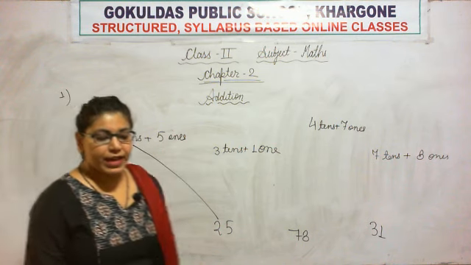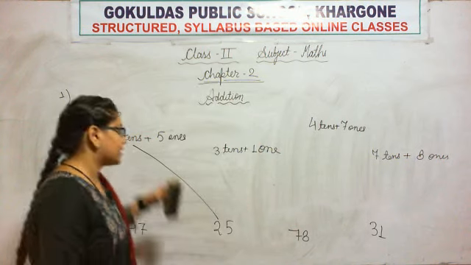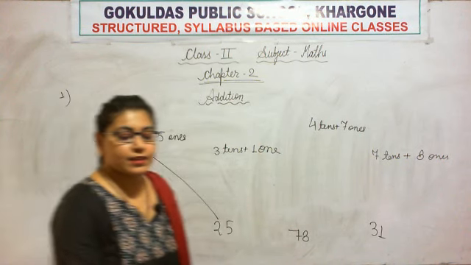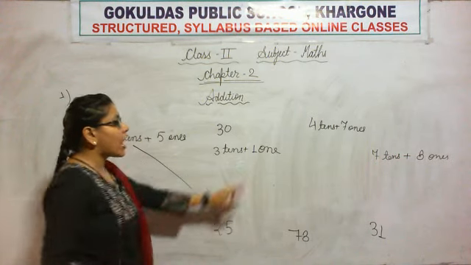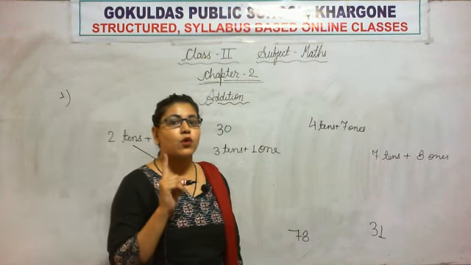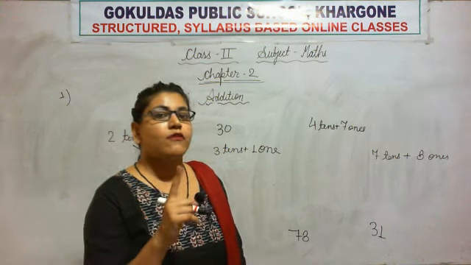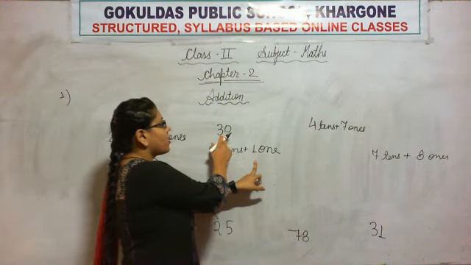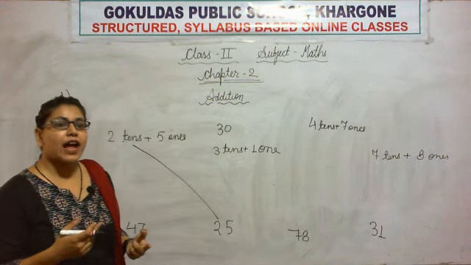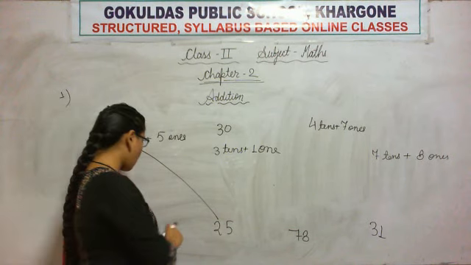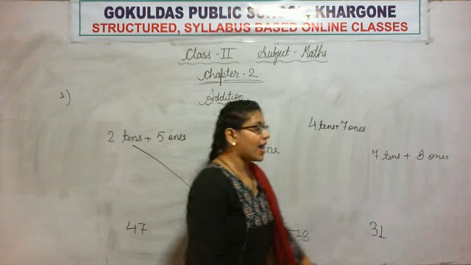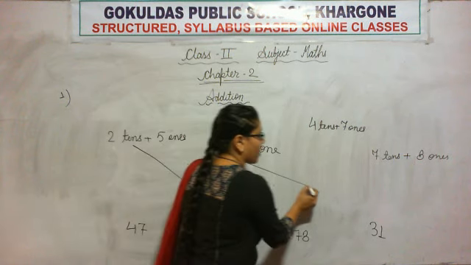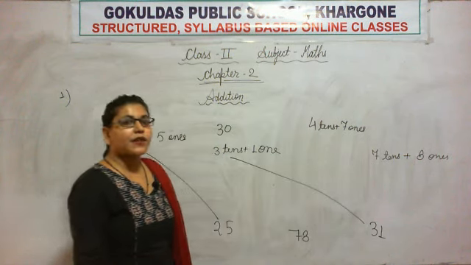Now the next number is 3 tens. 3 tens means 30 plus 1 one. It means we have to count forward 1 from 30. What comes after 30 is 31. Where is 31 written? Here. So we will match 3 tens and 1 one with 31.